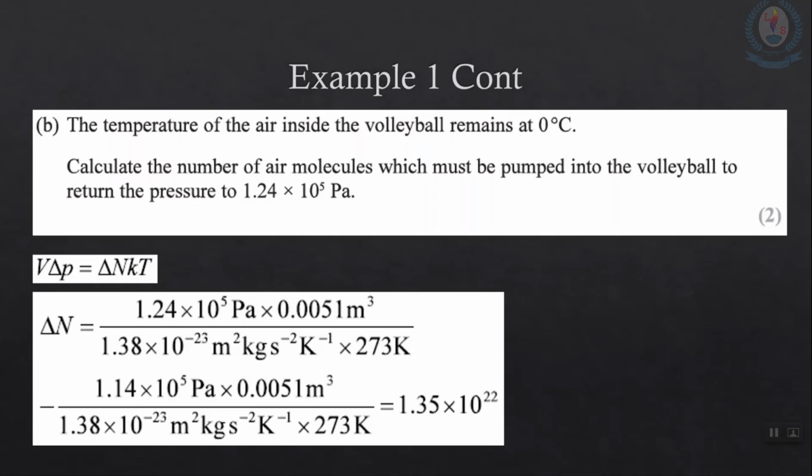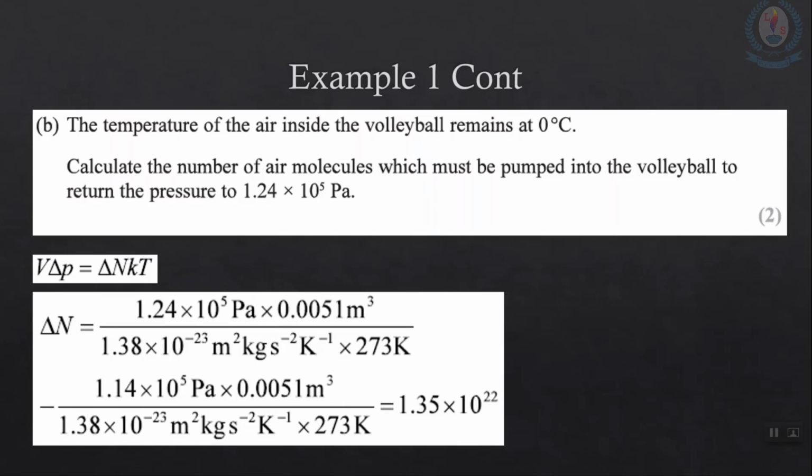That minus the new pressure 1.14 × 10^5 into the same volume 0.0051 meter cube divided by kT, because temperature also remains constant. So we get the number of molecules 1.35 × 10^22.